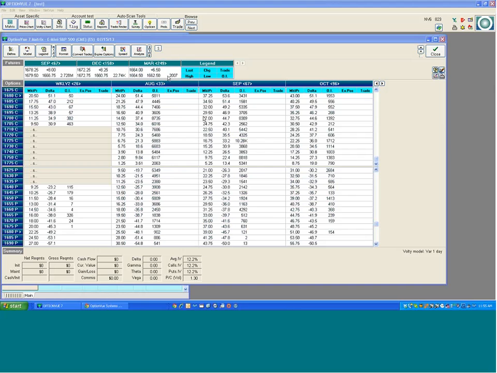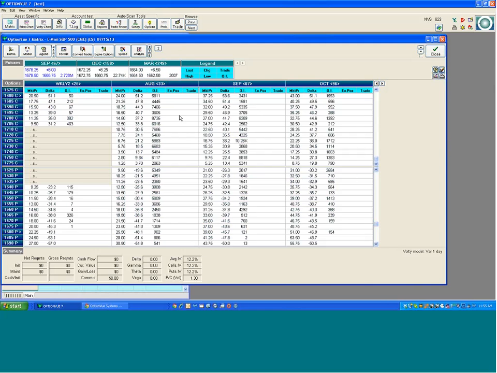So, for example, if we had an iron condor in the E-mini S&P, if I were to put on an iron condor, that would be, for example, selling the 1710 call with 24 deltas, selling the 1635 put.